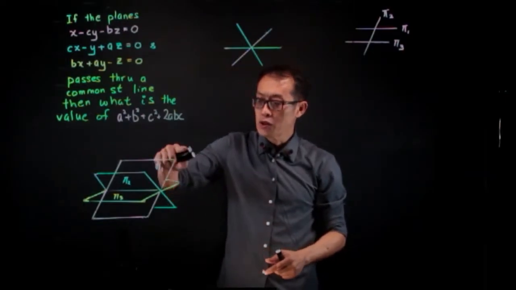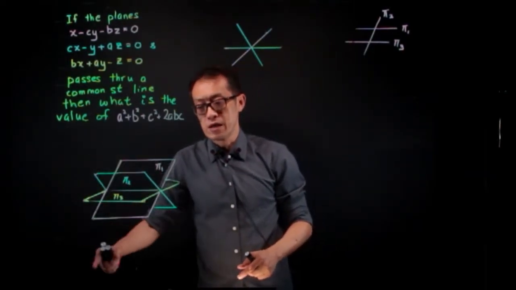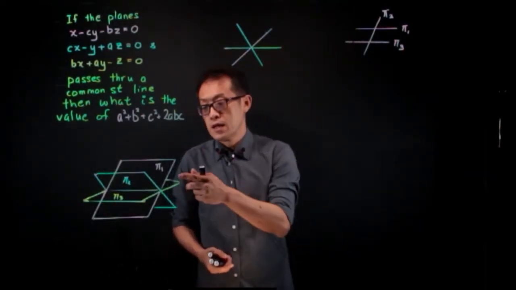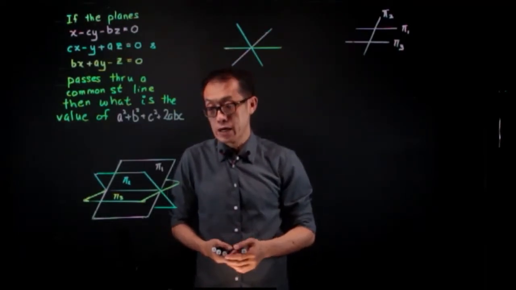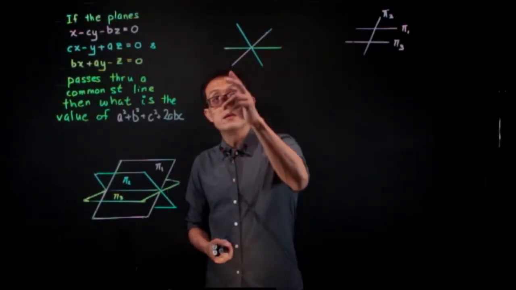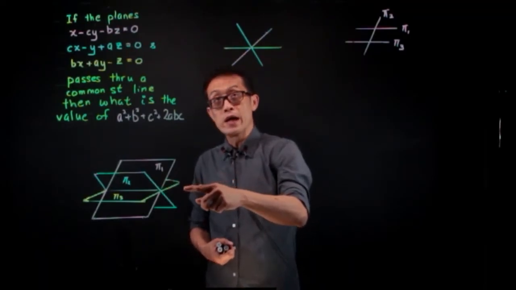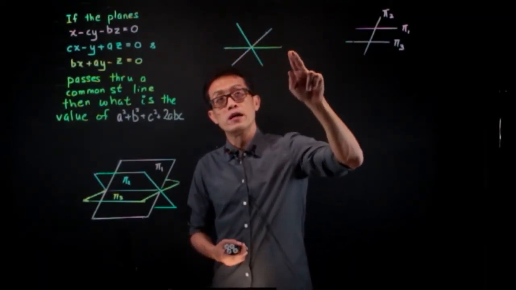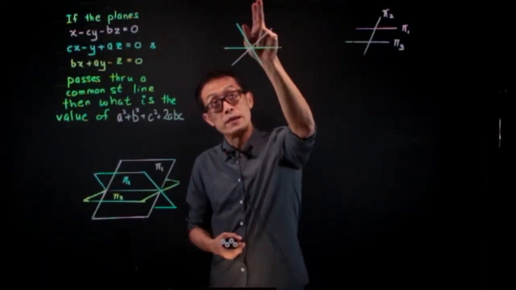Now what is the condition if the three planes are behaving this way? Let me draw it. If you look at it this way, these planes will look something like that.